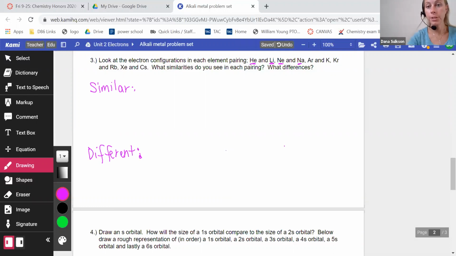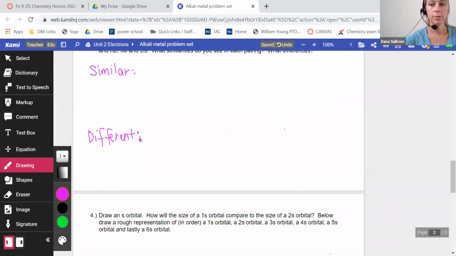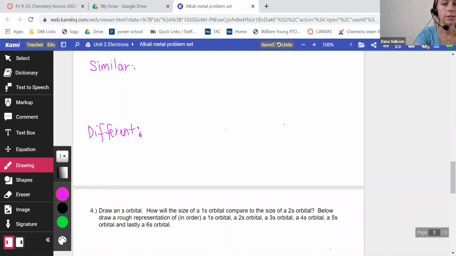All right, well, they're different, and I'm going to refer just to the one that we've done, but if you look at this, they're different because our alkali metal has another energy level and 1 electron in that orbital. So 1 more electron in an energy level. So you have 1 more energy level. So at this point, I'm just going to shorthand energy as capital E with an s orbital for your alkali.